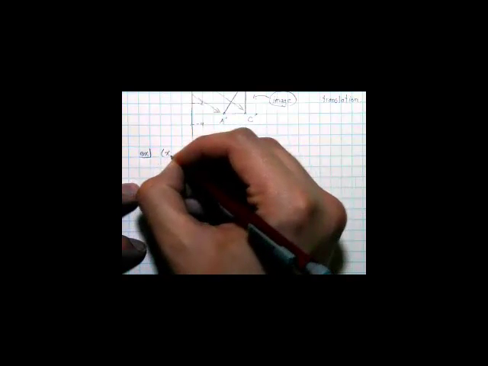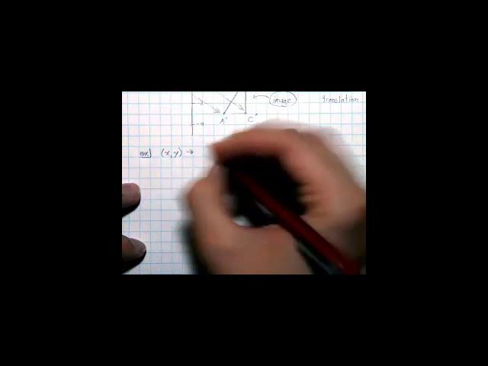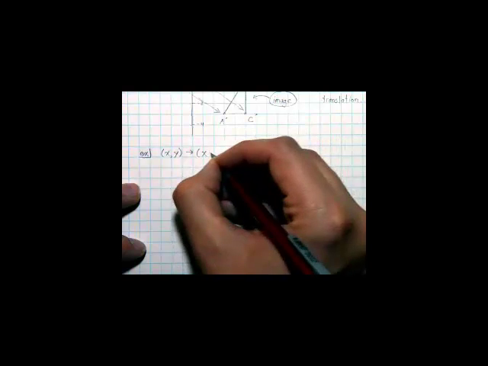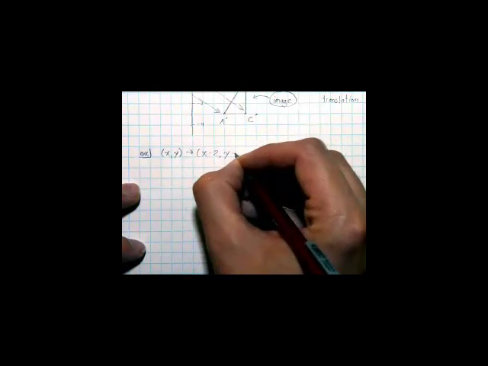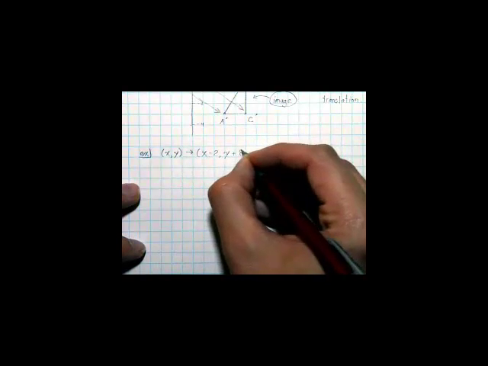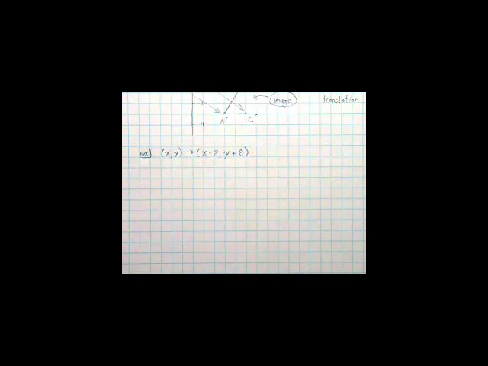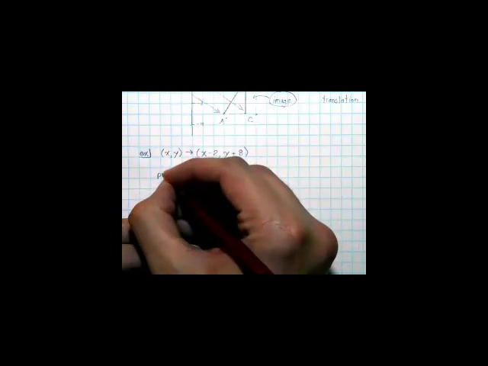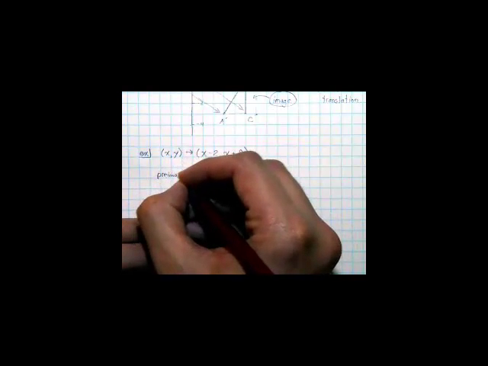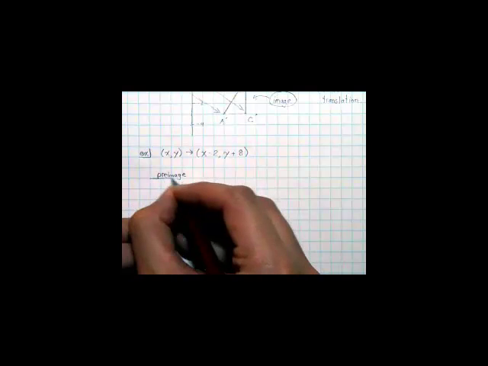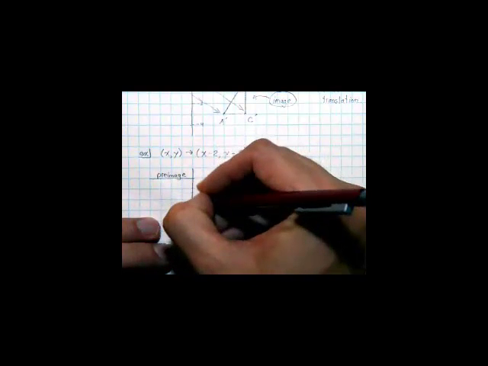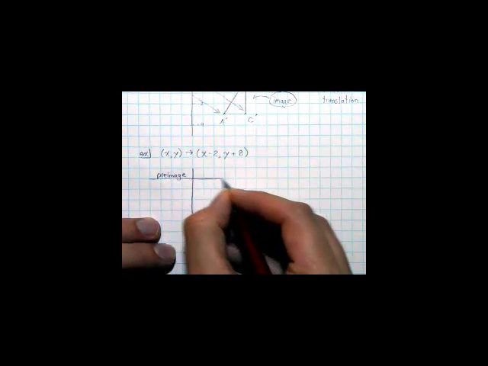So let's say our rule is (x, y) goes to (x minus 2, y plus 8). Okay, so we're going to start with that rule. And we're going to take a bunch of pre-image points and see if we can turn those into image points. So I'm going to make a little chart here to do this one.